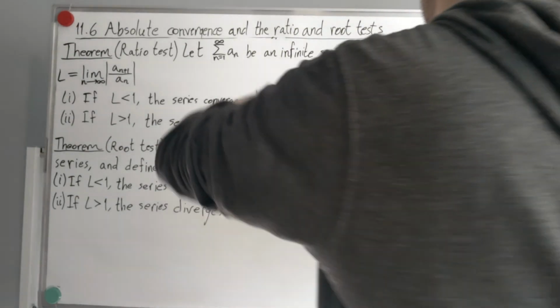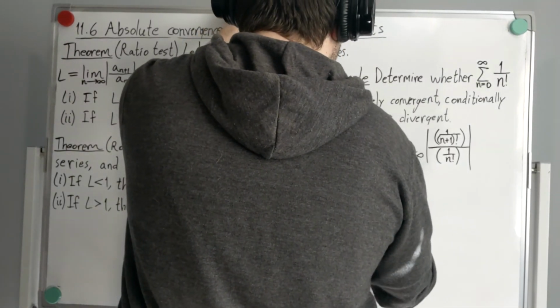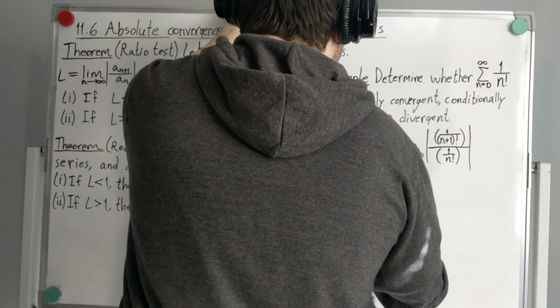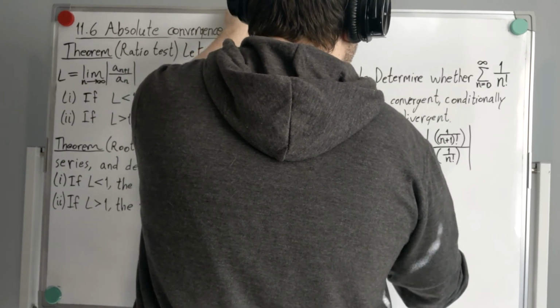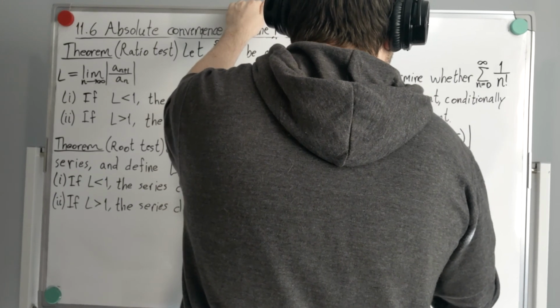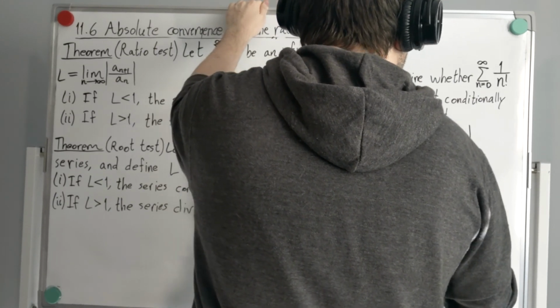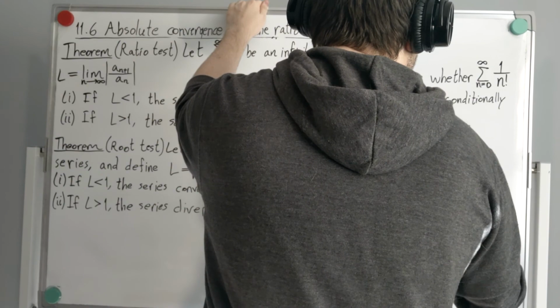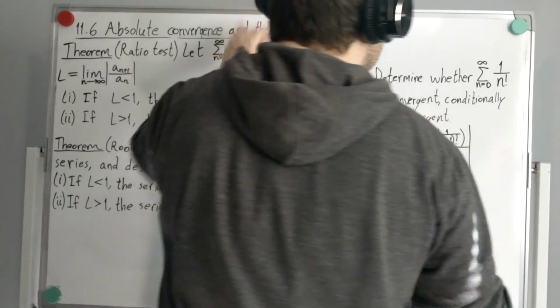Again, you do the whole copy, change, flip thing. This becomes the limit as n approaches infinity of the absolute value of 1 over (n plus 1) factorial times n factorial over 1.